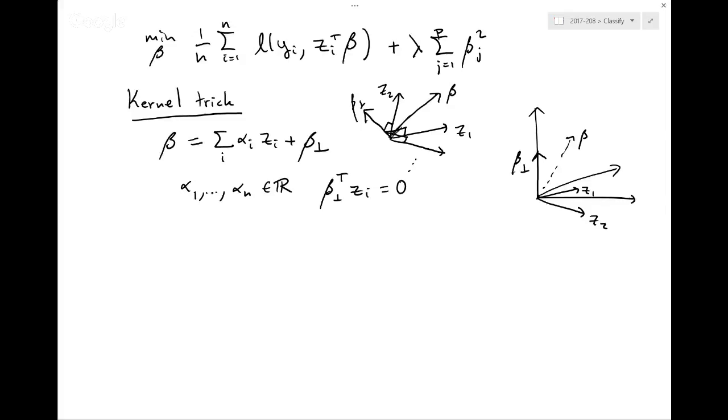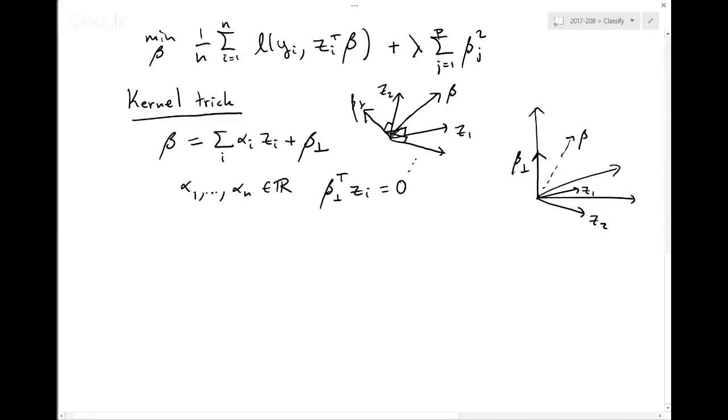This is good to get our heads around, because, yeah. So now let's look at this loss. Right? This loss has the zi transpose beta in it. That's how beta appears in the loss.